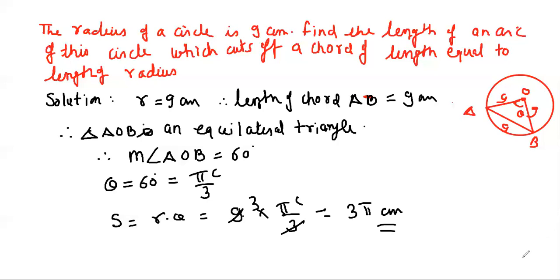Okay. Now let us take another question that you will solve. Now suppose I'm writing down a question, you have to solve this. You can write down the question along with me.